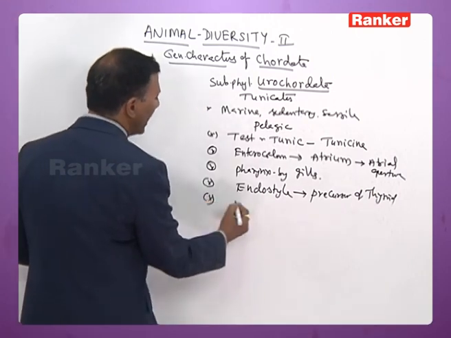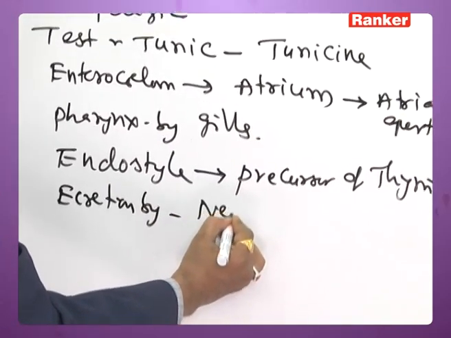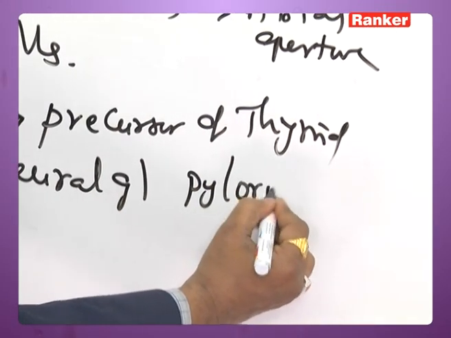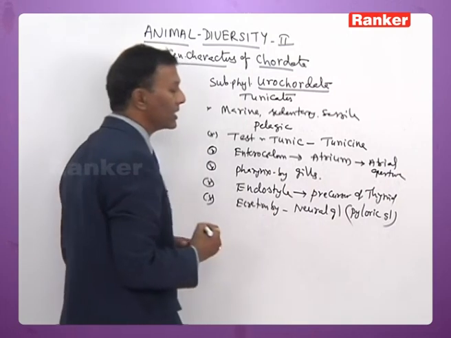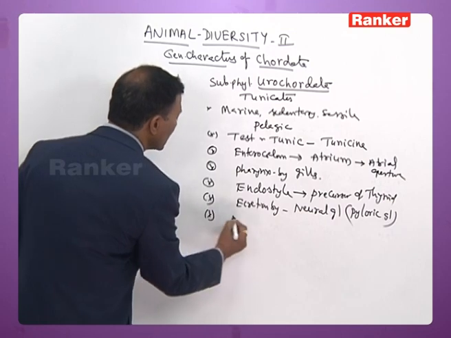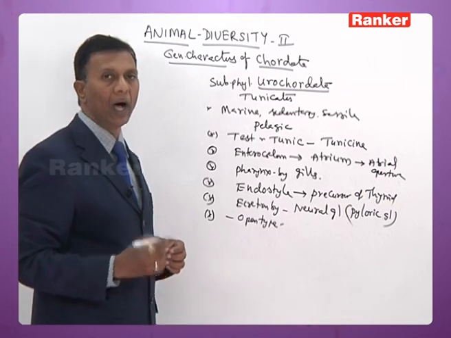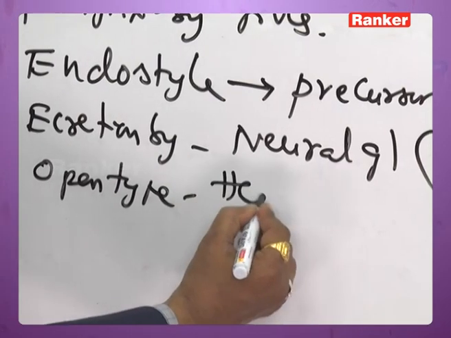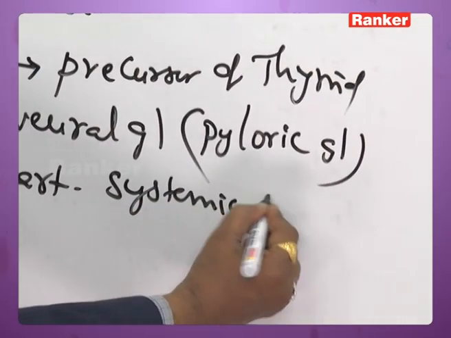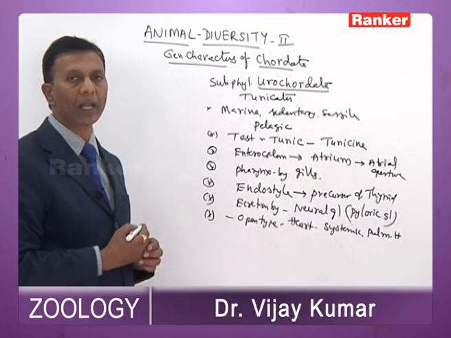Then, in urochordates, excretion takes place by neural gland, which is also called pylori gland. Now, the blood vascular system is of open type in urochordates. Heart is myogenic. It acts as systemic as well as pulmonary heart.